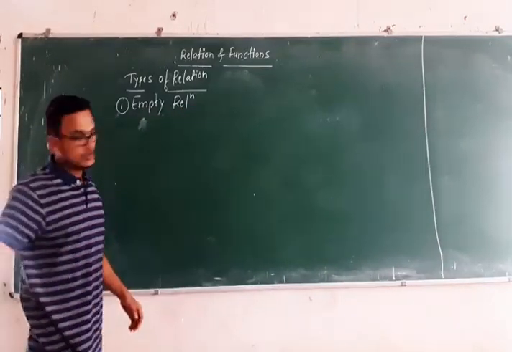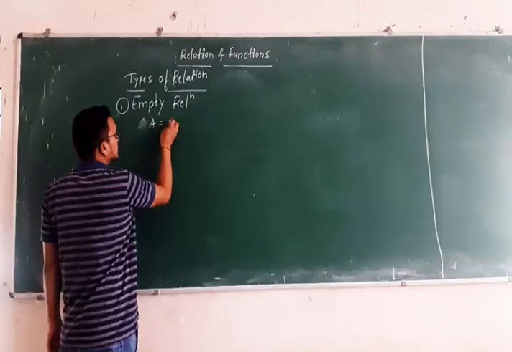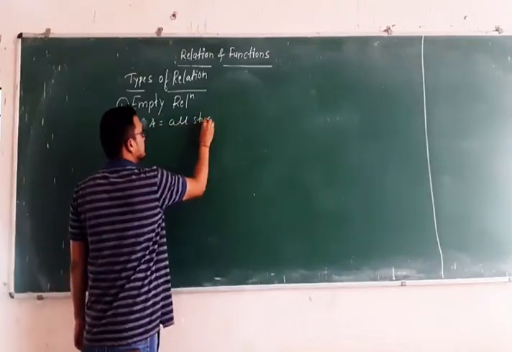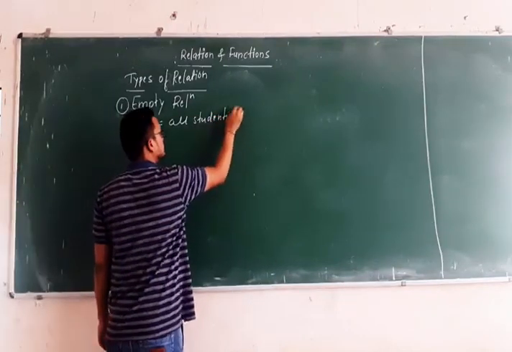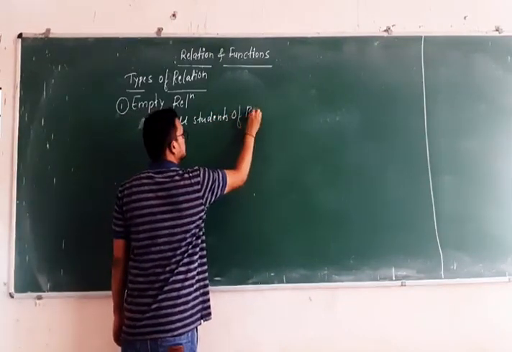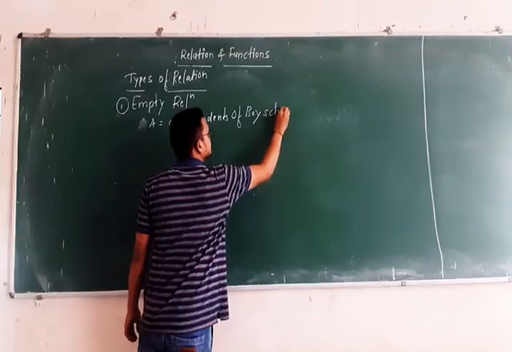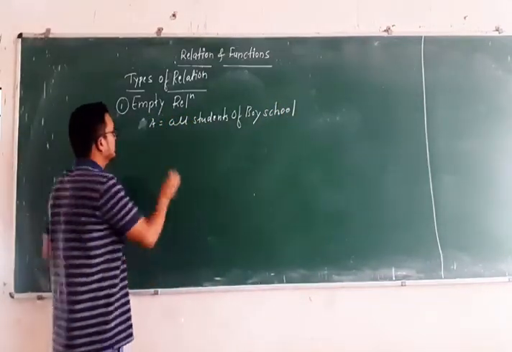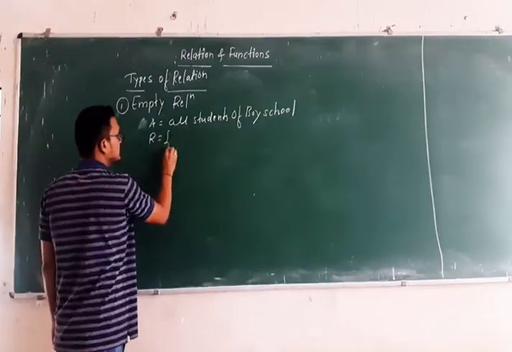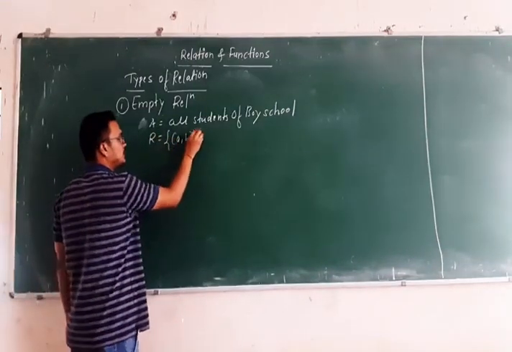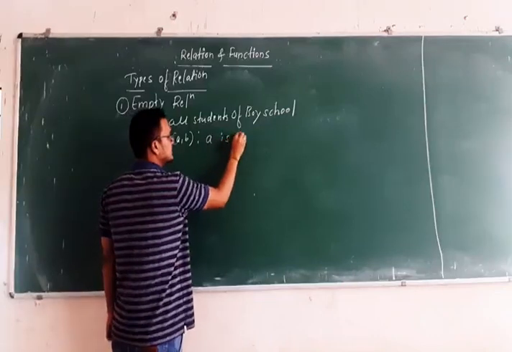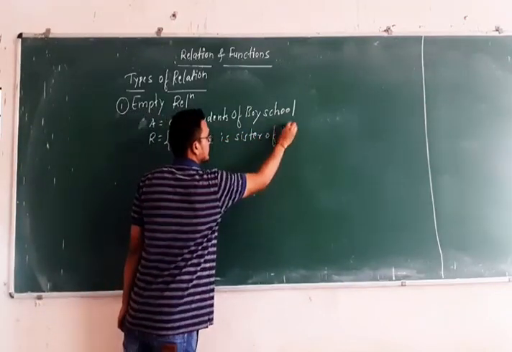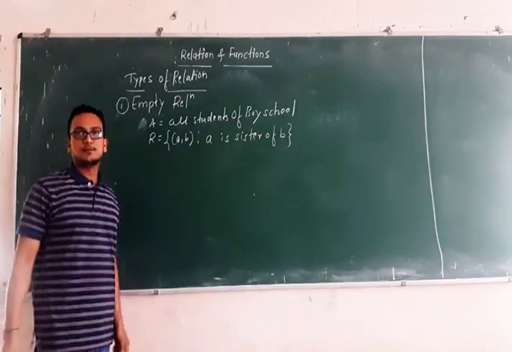Now I will take set A as all students of a boys school, and I define the relation as the set of all ordered pairs (a, b) such that a is a sister of b.